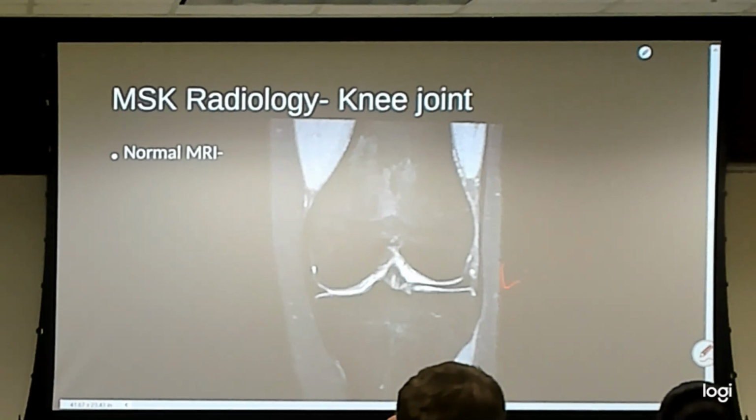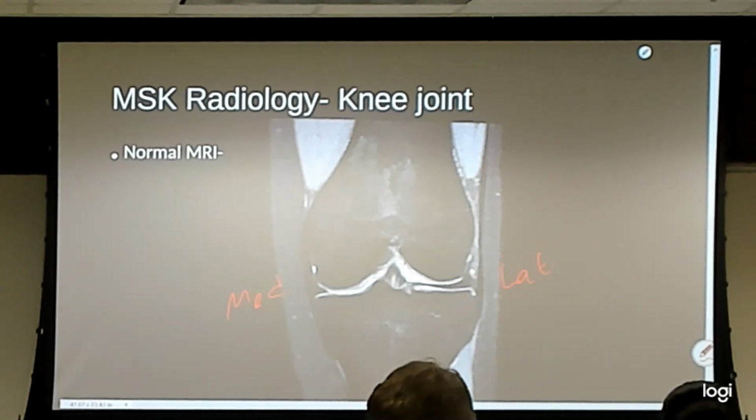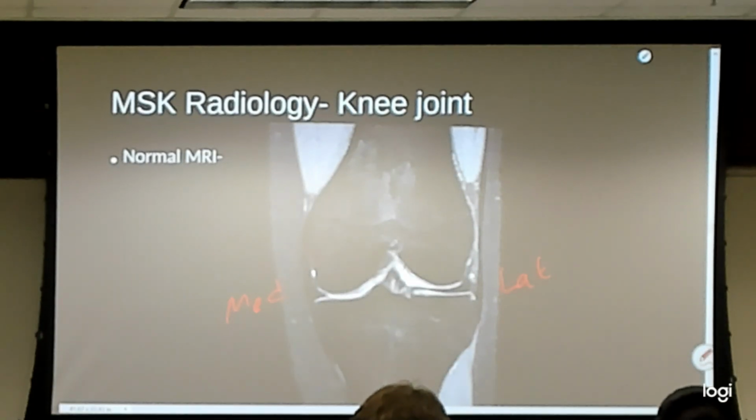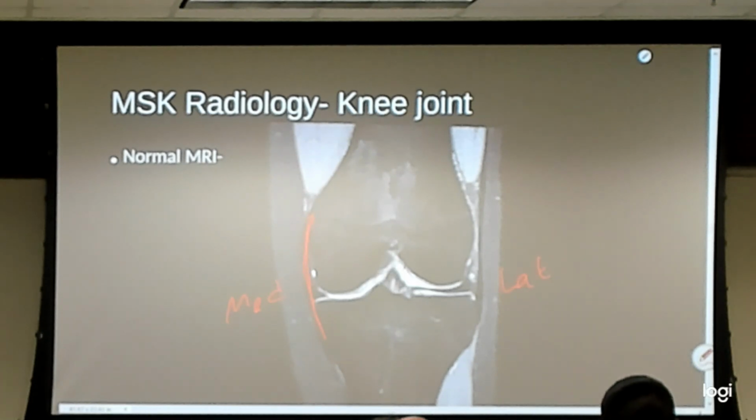I'm going to call this lateral. How I got to that determination, oh, I pushed the button, is that the structure right along the lateral side is more consistent with the IT band than any medial structure, which would make this medial collateral ligament.